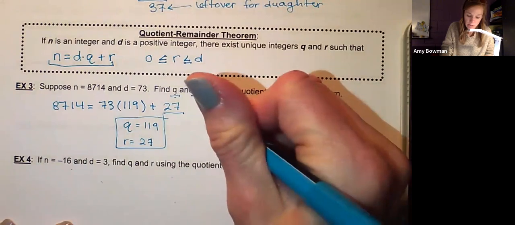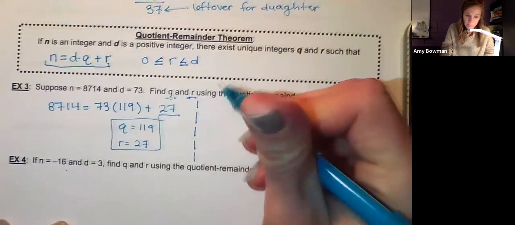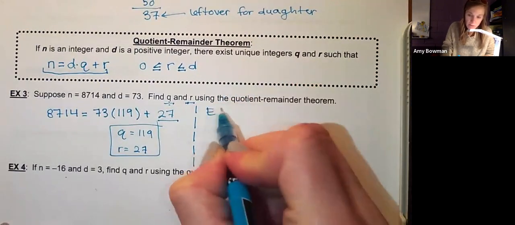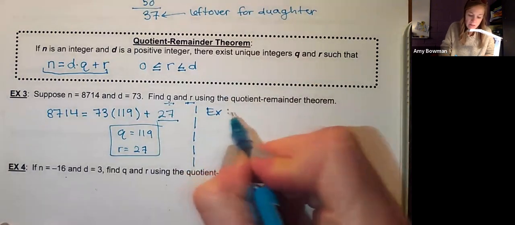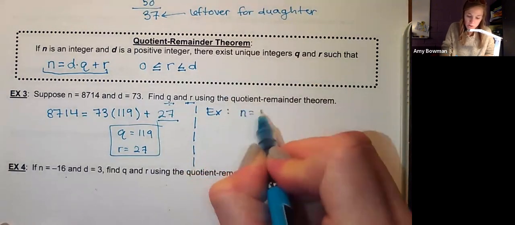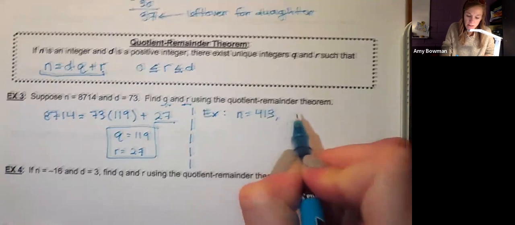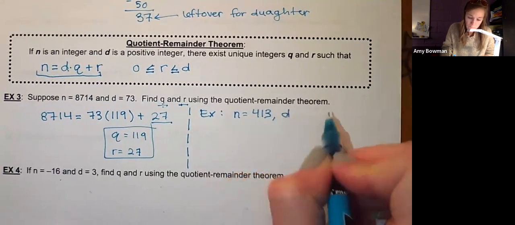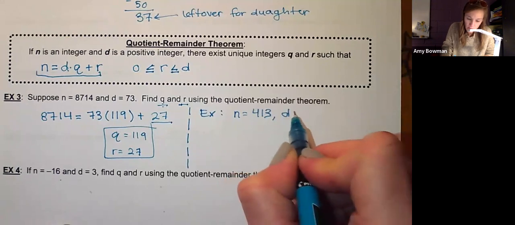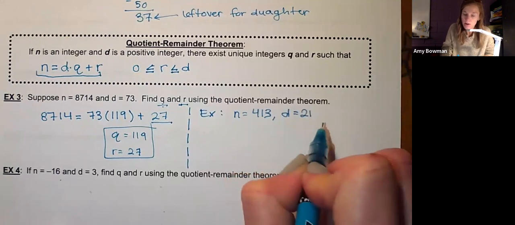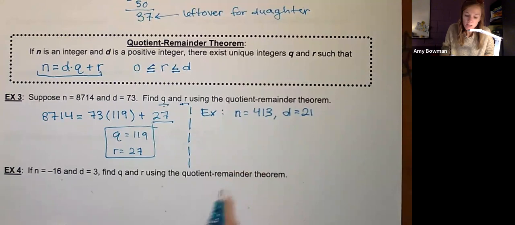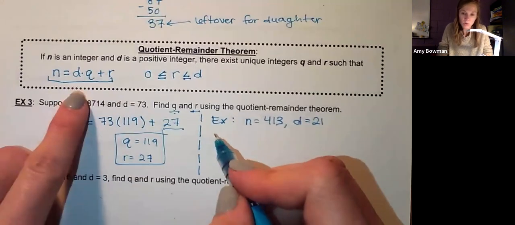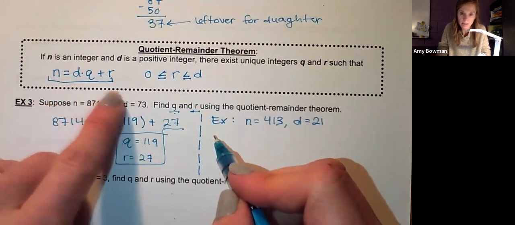I'm going to do one more quick example because I only had one of these. So this new example, same idea. If n equals 413 and d, my divisor, is 21. What are my q and r values? So anytime you're told to use the quotient-remainder theorem, this is the setup here.